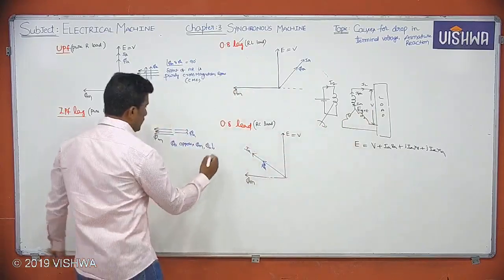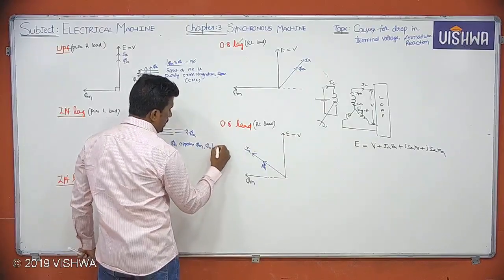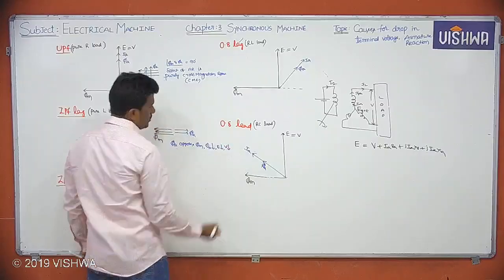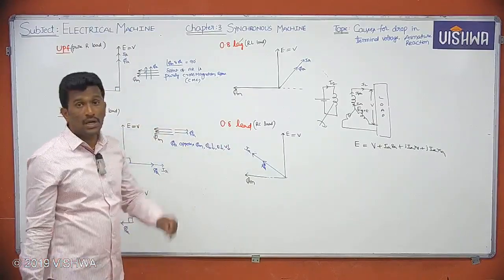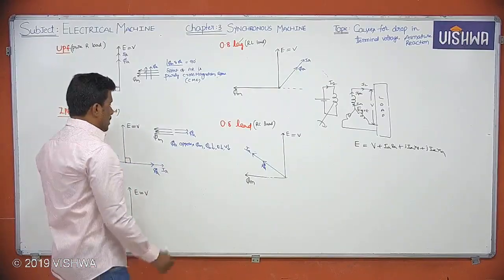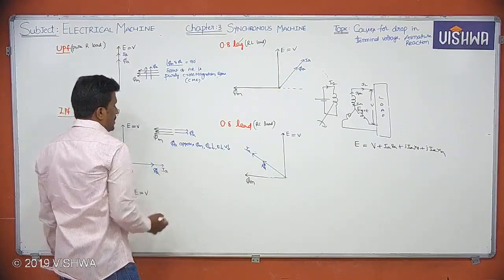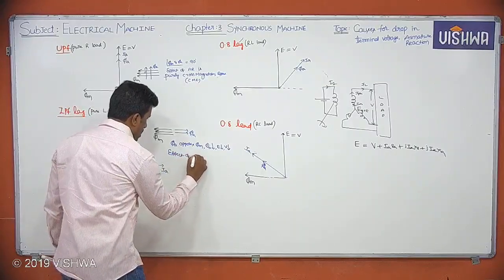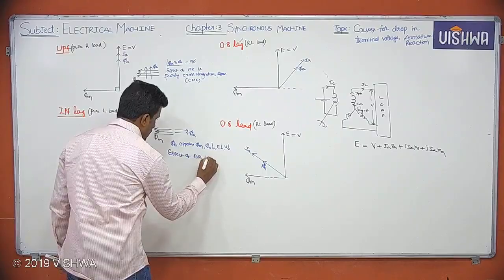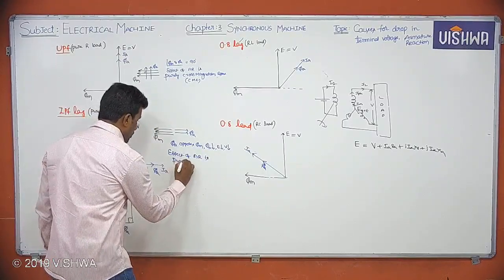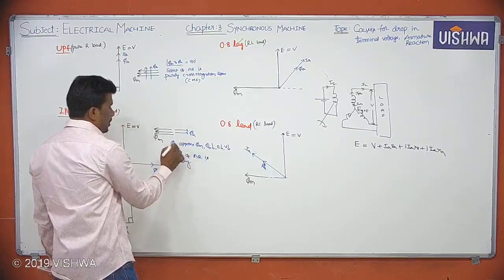Okay. So let's simply write here: net flux will reduce, E will reduce, V will reduce. Terminal voltage will reduce. Right. Now I can write, the effect of armature reaction is what? Observe clearly.